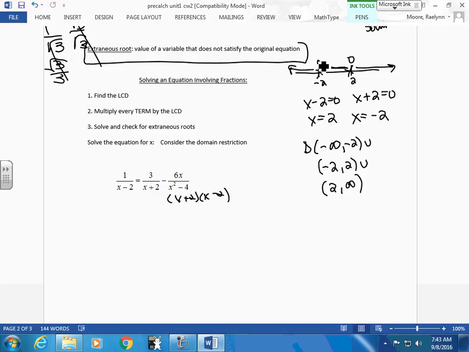Now, to solve your fraction, because this is an equal sign, if it was not an equal sign, if it was an expression, we would have to keep your denominator. But with an equal sign, we can multiply through your denominator. If you struggle, find your least common denominator. This guy needs an x minus 2. This guy needs an x plus 2.